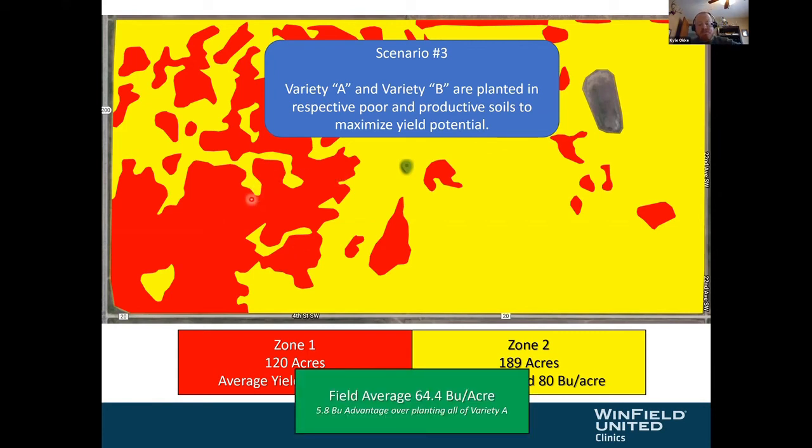So now we're looking at close to 65 bushels an acre versus that 58.